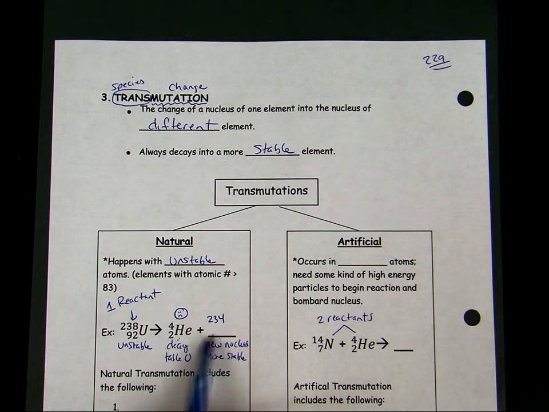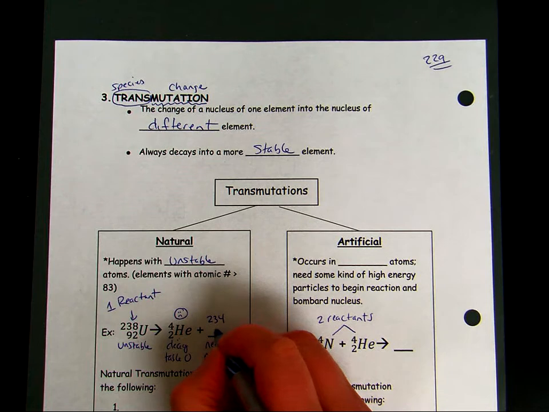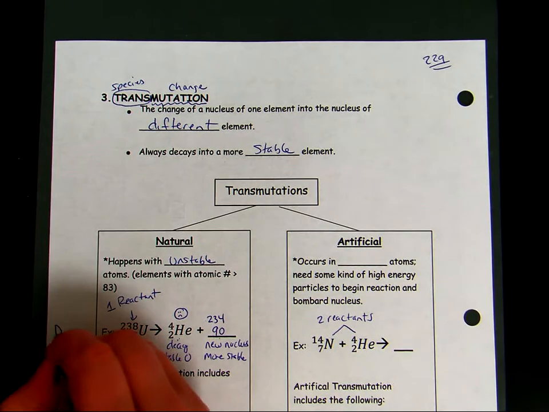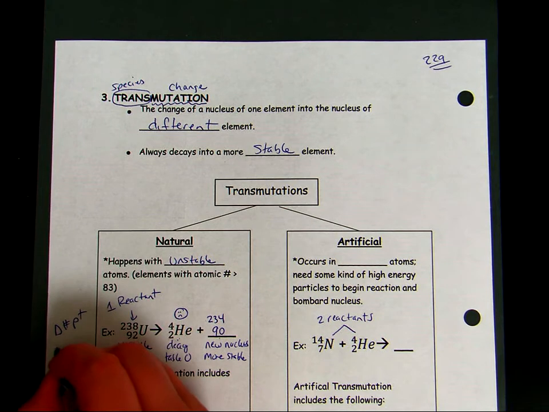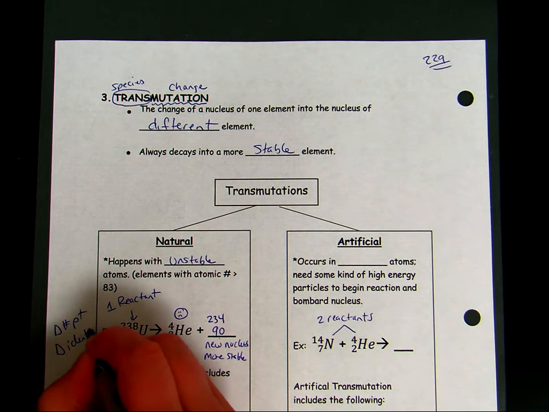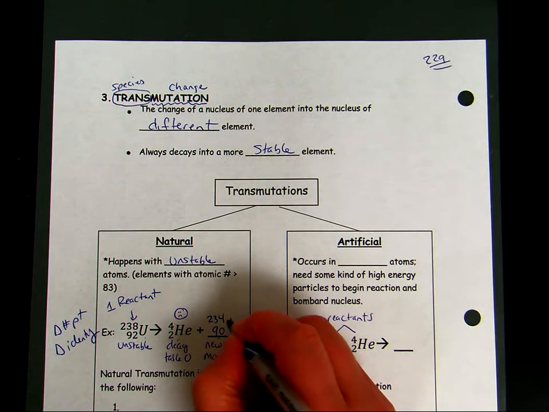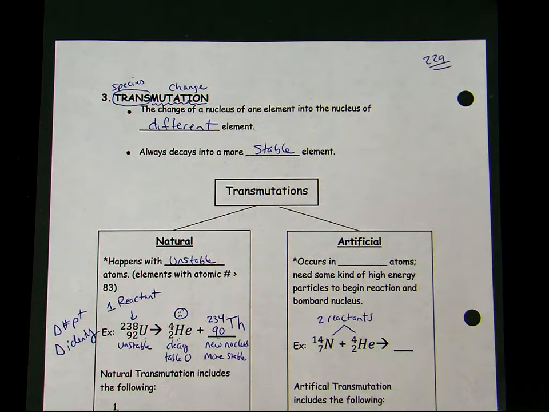So the new, more stable nucleus has 90 protons. And remember, if you change the number of protons, you change the identity of the structure. So a nucleus with 90 protons is no longer referred to as uranium, but if you look on your periodic table, you'll see that it belongs to an element with a symbol of Th that we call thorium.